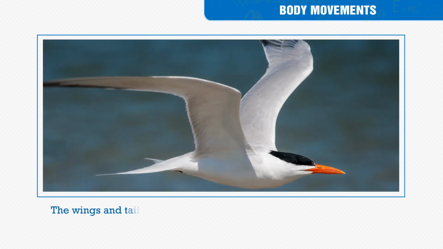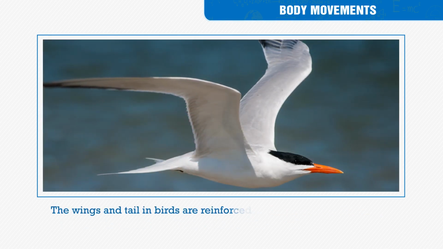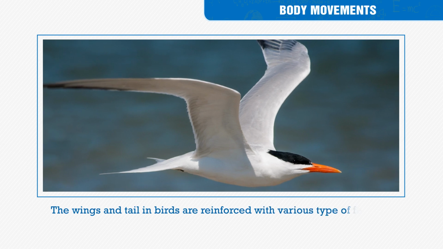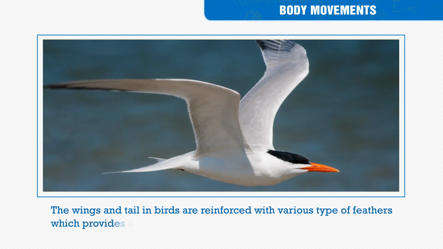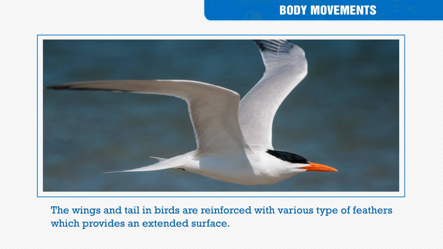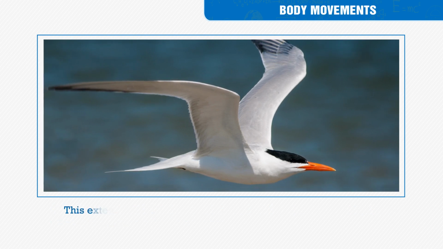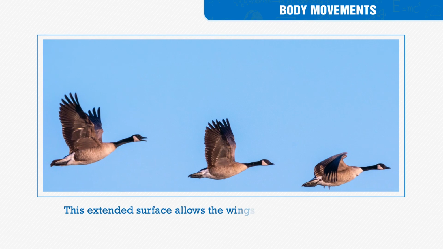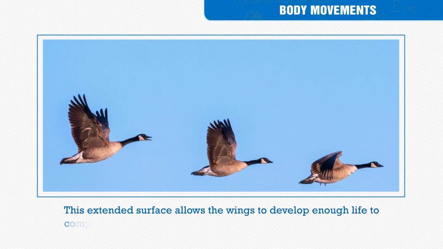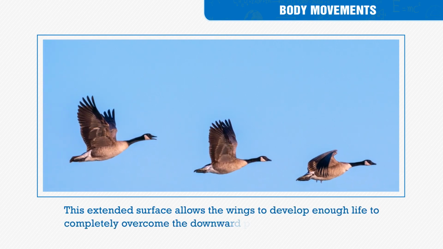The wings and tail in birds are reinforced with various types of feathers, which provide an extended surface. This extended surface allows the wings to develop enough lift to completely overpower the downward pull of gravity.